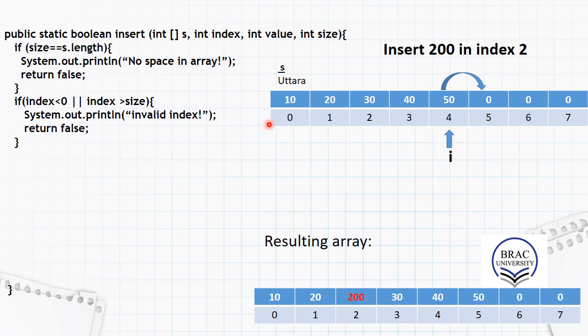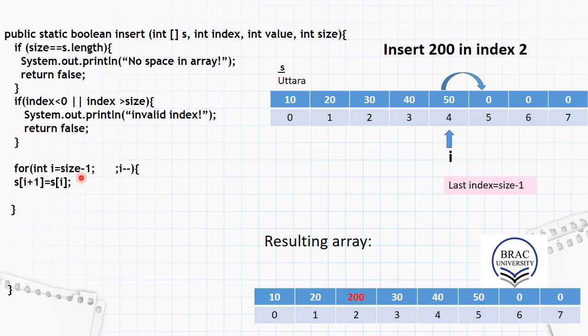So think of this array. The size of the array is 5, and the last index is at 4. So size minus 1 will give me the value of the last index. So we will start the shifting process, and the value of i will be set to size minus 1, and then 50 will be shifted to the next slot.